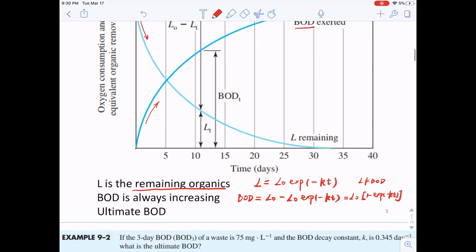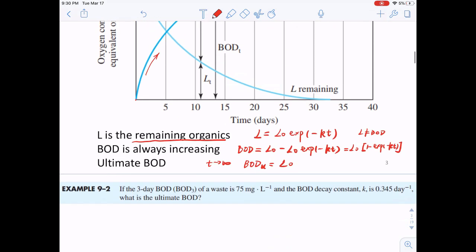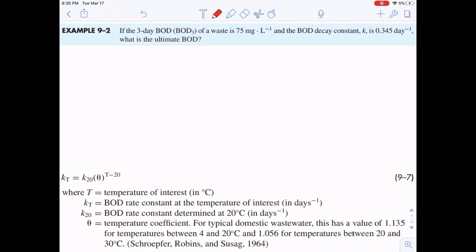As you can see, when time goes to infinity, the ultimate BOD is going to be equal to L0. So again, the BOD is always increasing as a function of time, while the remaining organics are decreasing as a function of time.